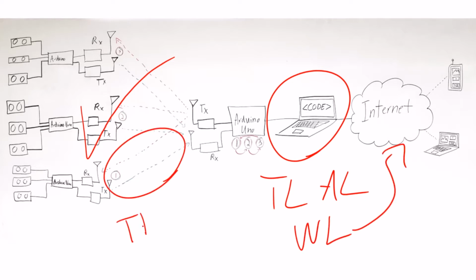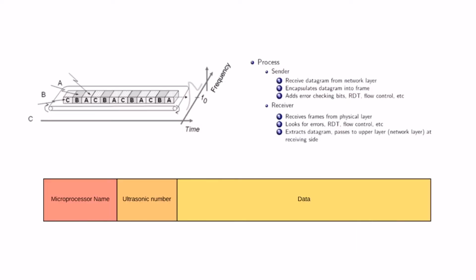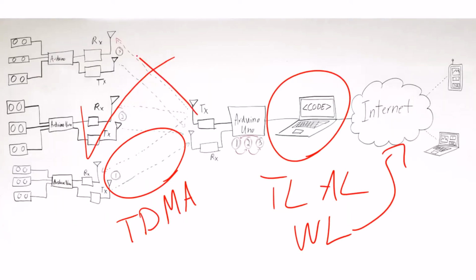First, we use the time division multiple access protocol because it allows us to send various datagrams from multiple sensor nodes through one frequency. This is perfect for our system because it allocates a time slot for every sensor node where it can send its processed data to the aggregator node. Then, the aggregator node processes all that data and sends it to the web.